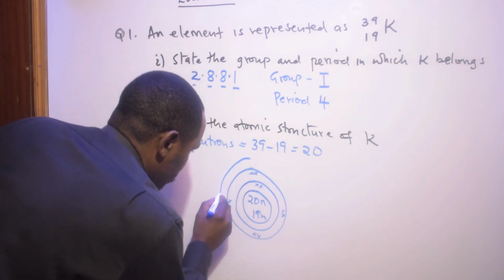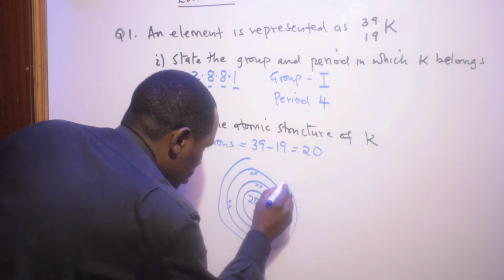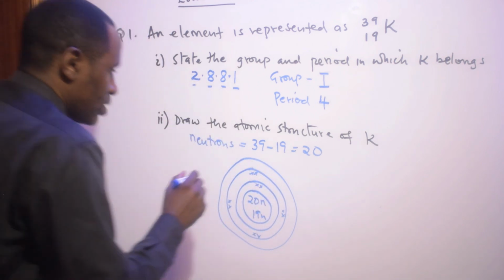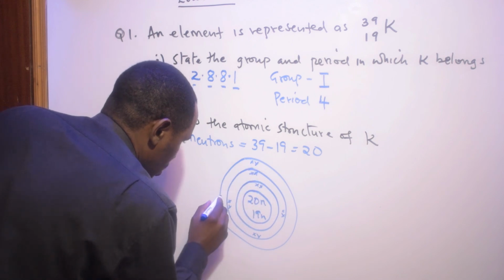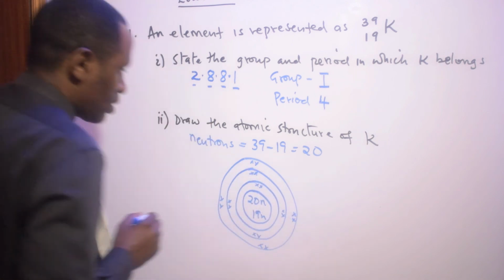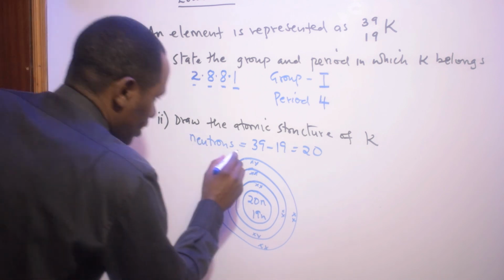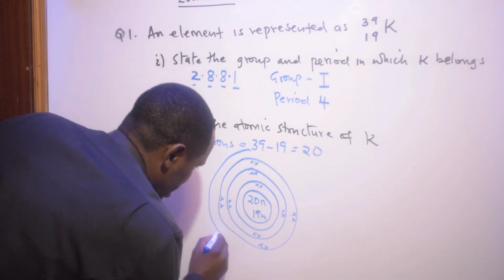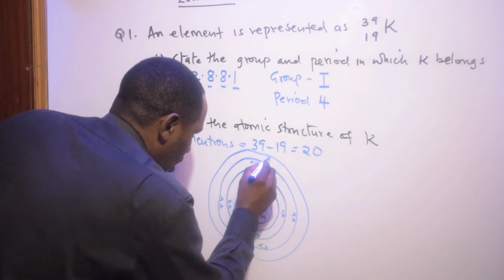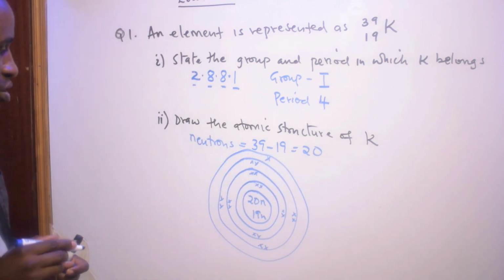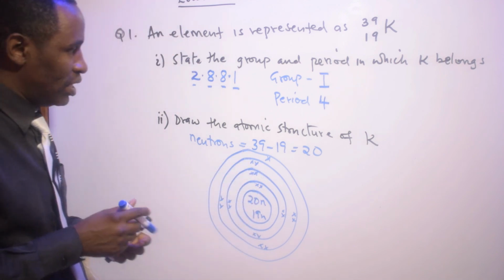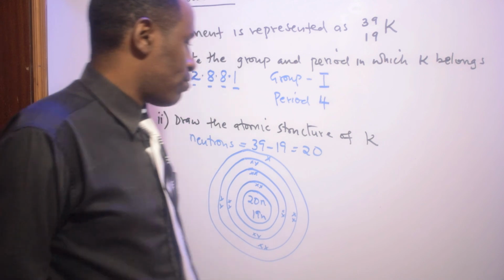I'm going to have the third again with 8. Look at that, that's 2, 8, 8, and finally I'm going to have the last one here, 1. And basically that's what we are talking about. That will be the atomic structure of K.